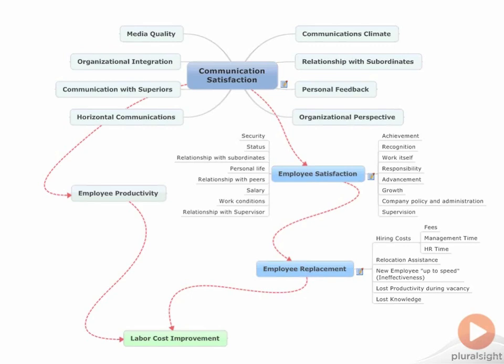There's lots of research, and I won't bore you with it, but I'll say that communication satisfaction, and there's a standardized questionnaire, has a high correlation or relationship to employee satisfaction. Employee satisfaction, in turn, means that employees turn over less frequently. Less turnover, less labor cost, because each turnover is between 20 and 150% of the first year salary of somebody. So there's a big savings if you can just communicate with everyone effectively.